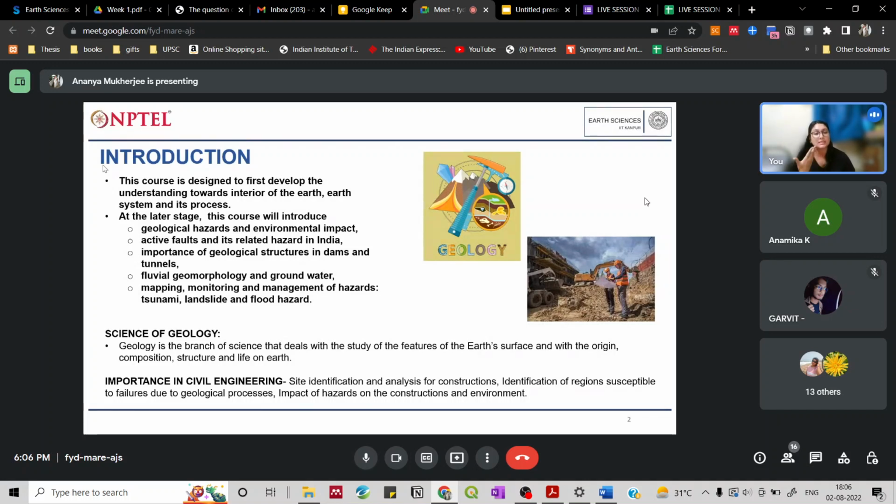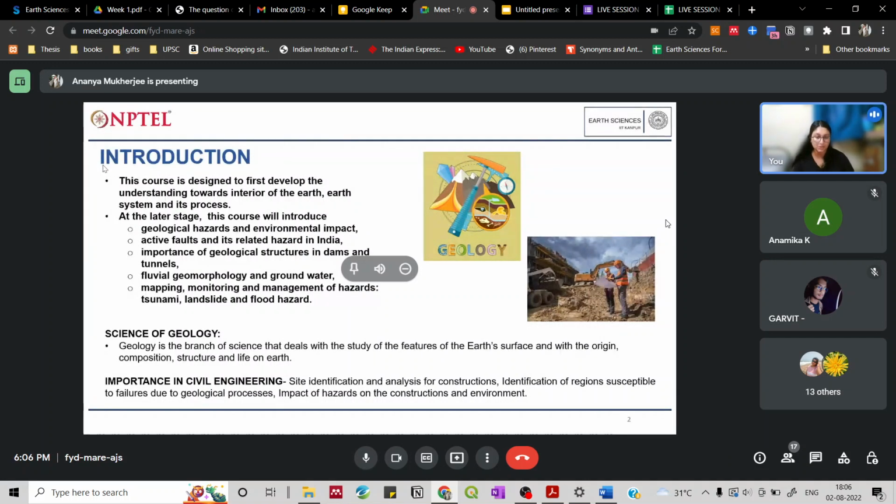To understand these, first we will try to understand geology. Geology is the branch of science that deals with the study of the earth's surface, its origin, composition, structure, and the different features and landforms found on the surface of the earth, how they are formed and what kind of processes are forming them. We try to understand these by applying concepts of physics, chemistry, and also life sciences, since we also try to understand life on Earth, present and past.